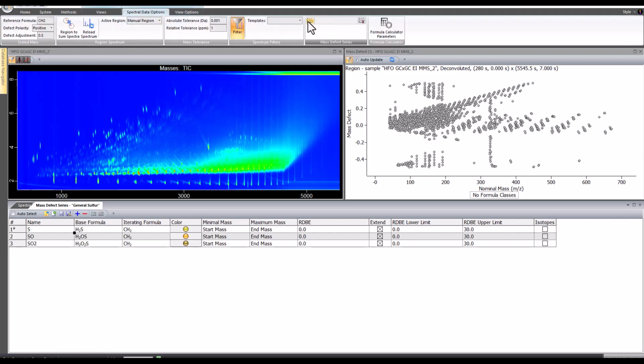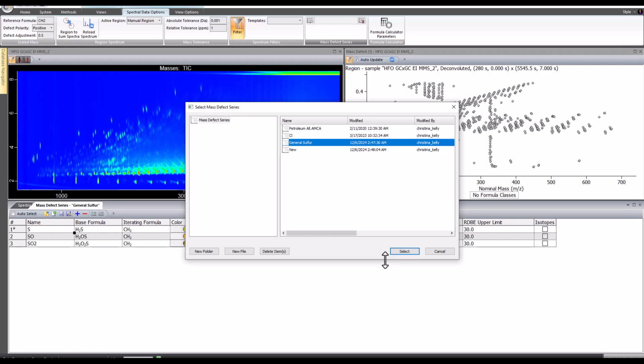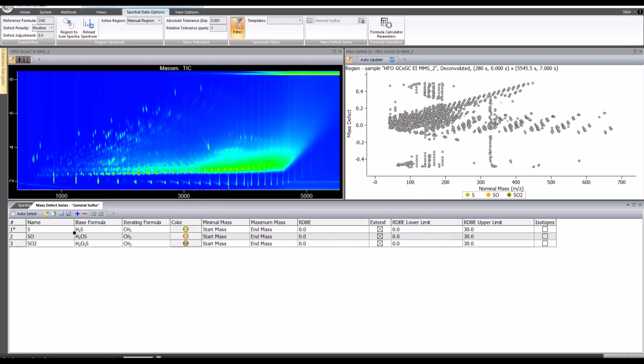When we apply this mass defect series to our plot, we're immediately able to see the colorization of masses belonging to these sulfur-containing formula on the plot.